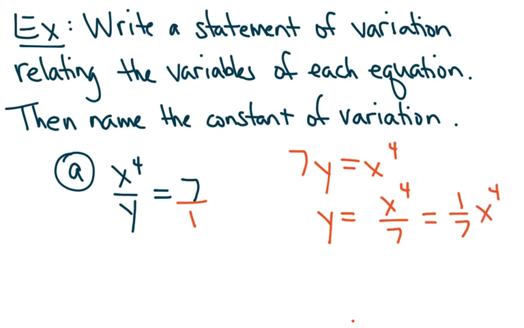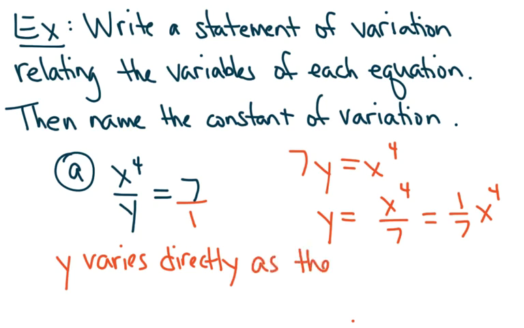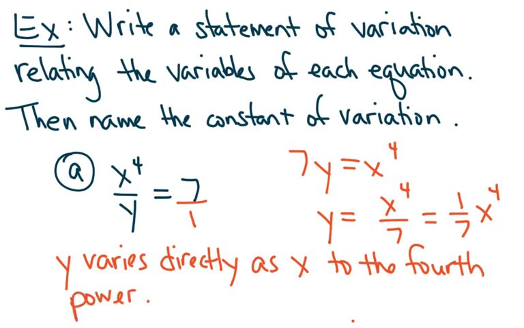The statement of variation is that y varies directly because the x is being multiplied by the 1/7, maybe I'll say x to the 4th power as x to the 4th power. And the constant of variation in this problem is going to be 1/7.